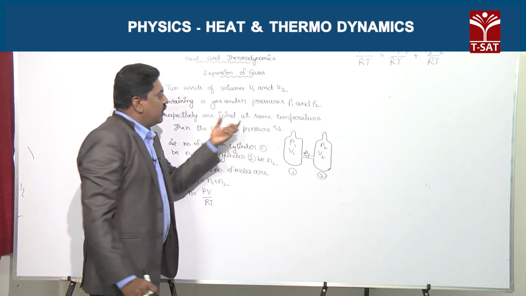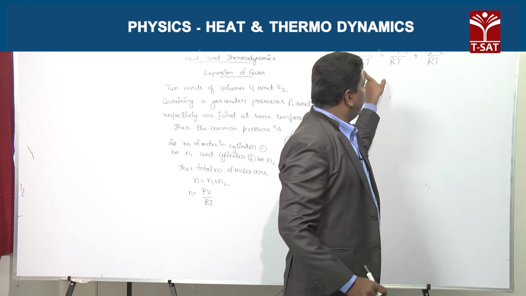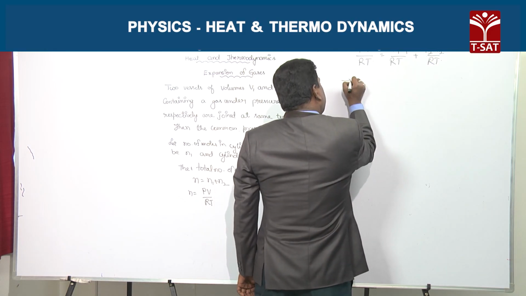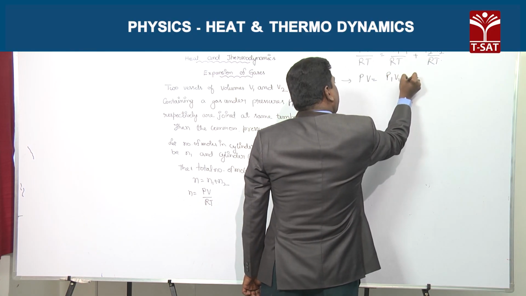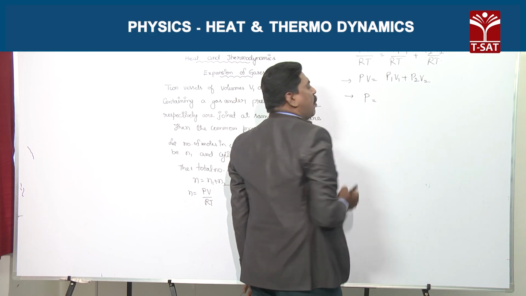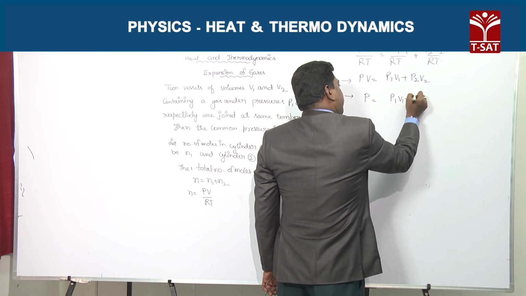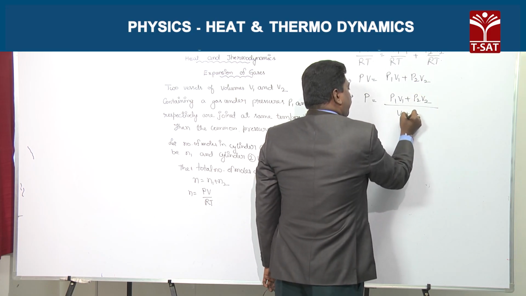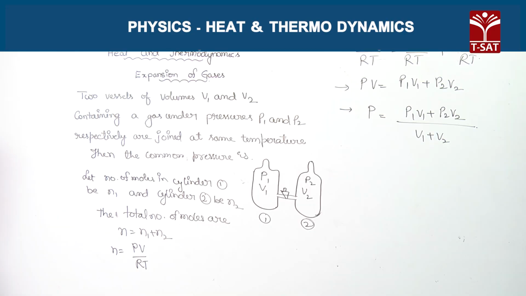Here we are given same temperature, that's why I have considered same temperature for both the cylinders. On removing the RT part, we will be getting PV is equal to P1 V1 plus P2 V2, and common pressure P is given as P1 V1 plus P2 V2 by V1 plus V2, which is actually total volume of the gas.